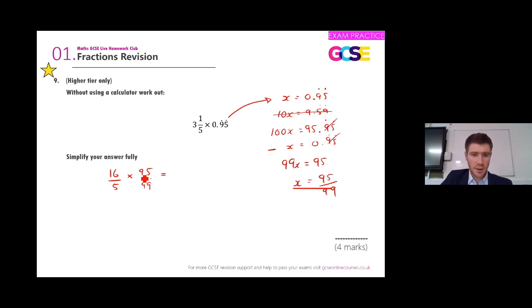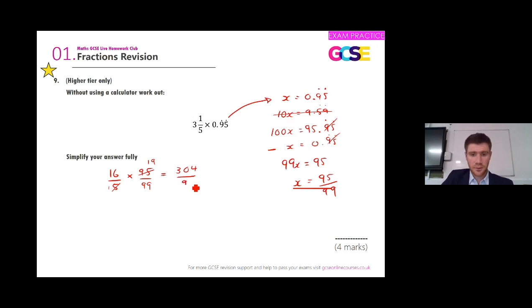The 5 and 95 can be divided out. Divide this by 5 and that by 5, it's 19. 19 times 16 is actually quite easy because 20 times 16 is 320. Subtract a 16 and you'll get to where you want to be, 304 over 99.